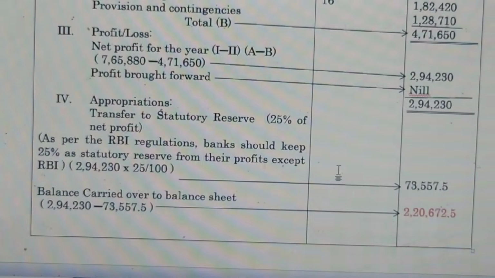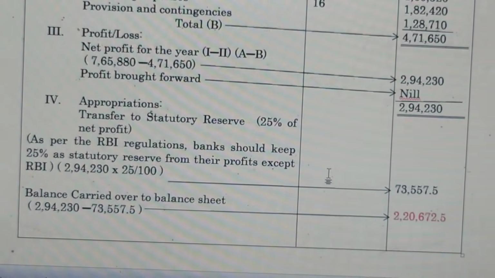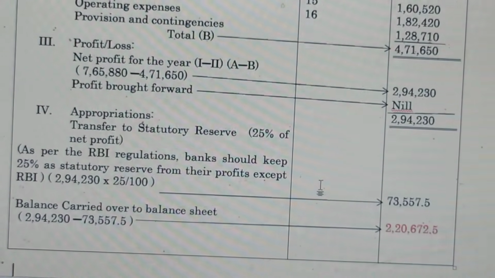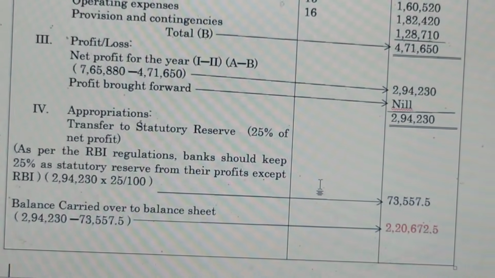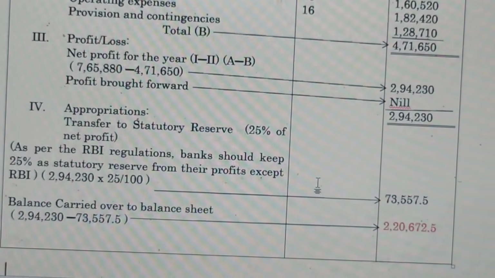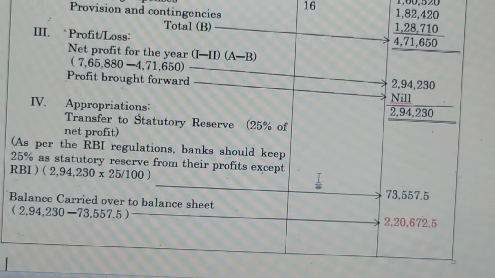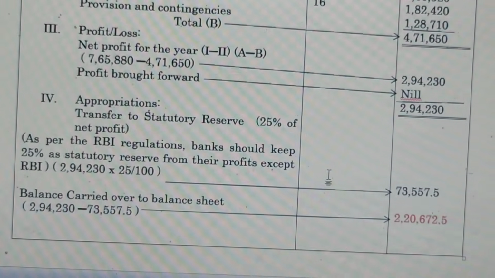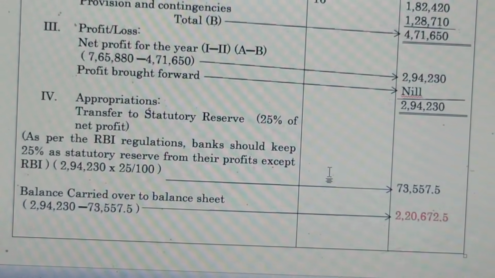Then we have to prepare the appropriations. It means we have to transfer some amount from the bank's net profit. So, transfer to statutory reserve, it is mandated for all the banks except Reserve Bank of India. The default percentage is 25, which is from the net profit of the bank.